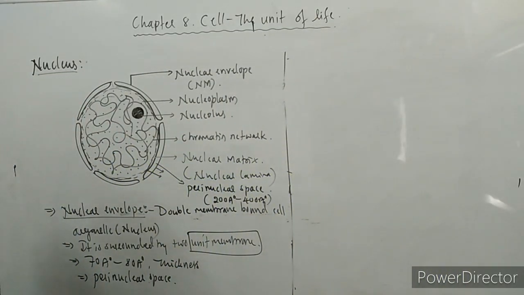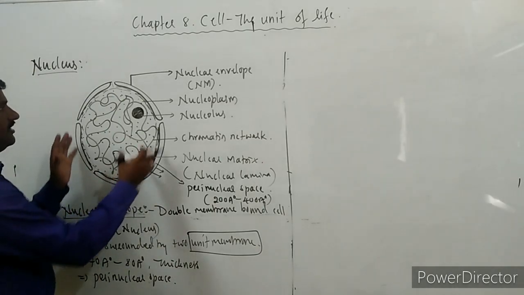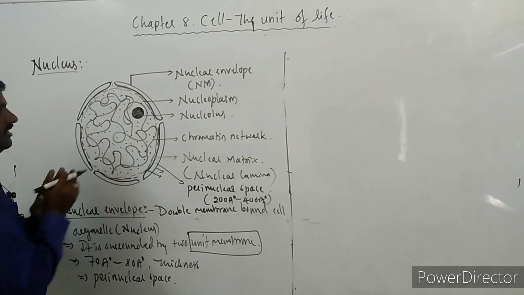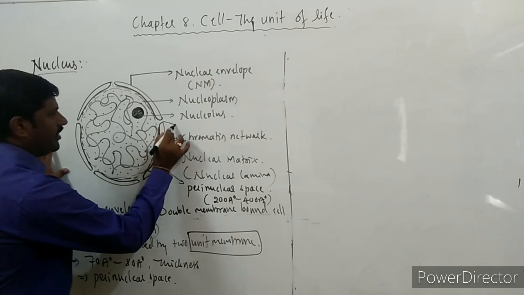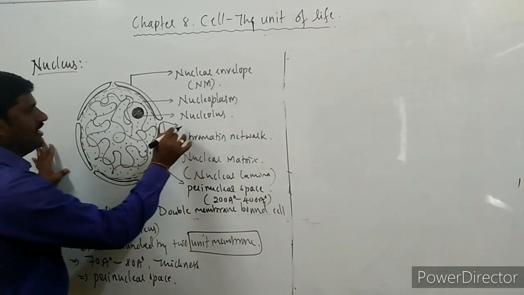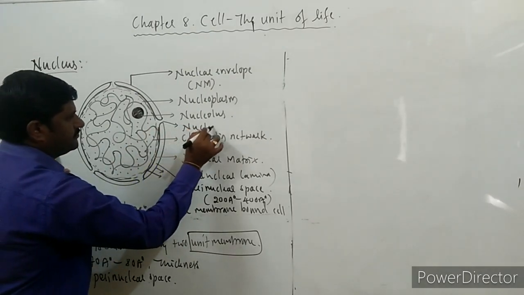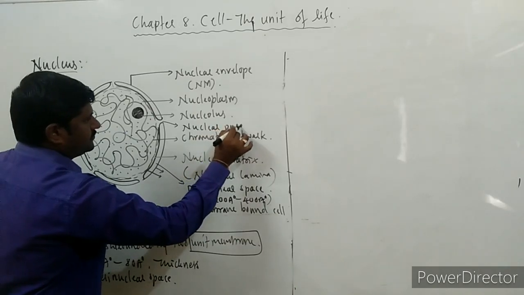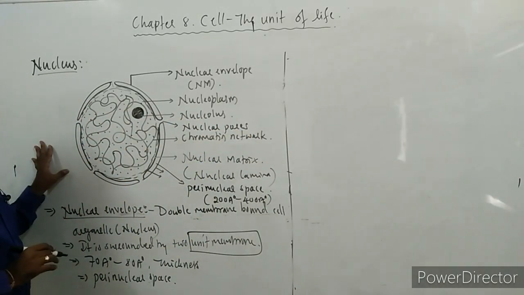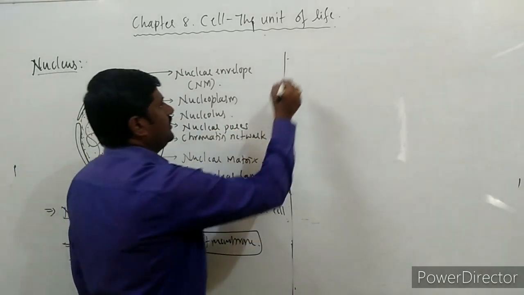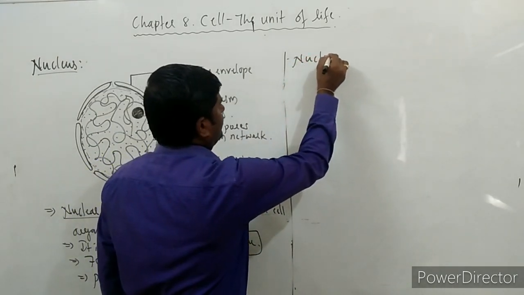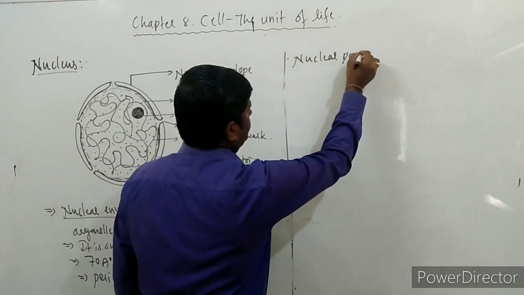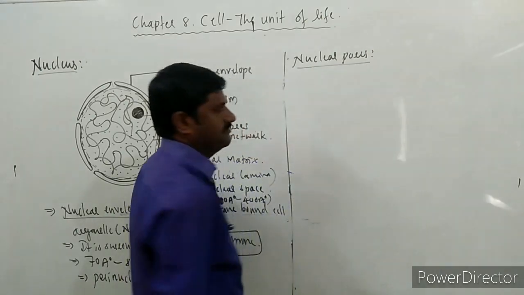And one more thing you are seeing here in the nuclear envelope, there are some pores provided. What are these pores called? Nuclear pores. See here, nuclear pores are seen here.